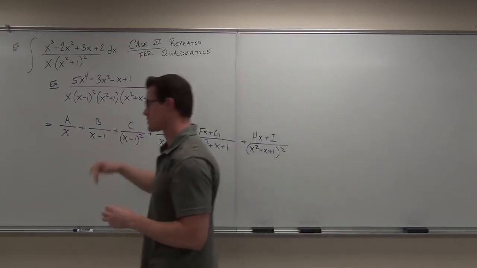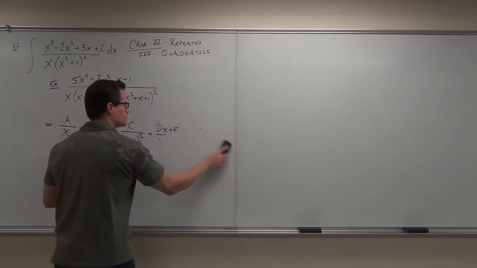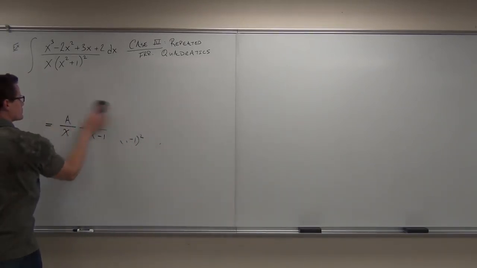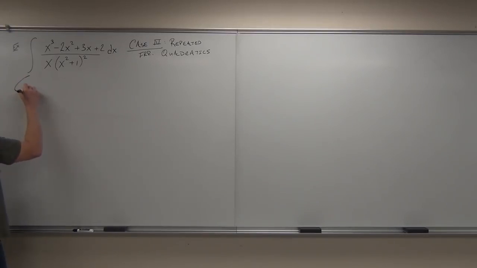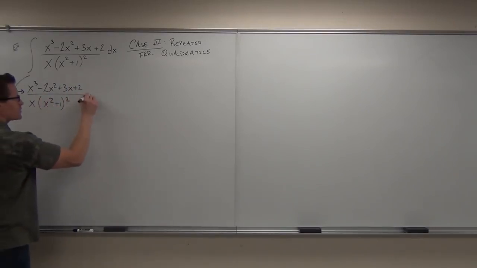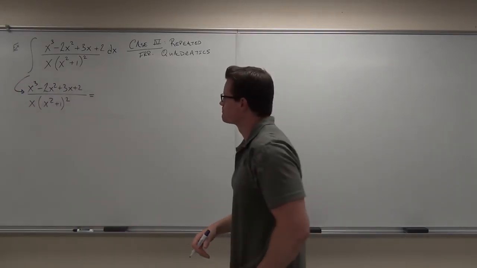Okay, the rest of this is going to take us a while, so I'm going to erase this because I need the room. But let's go back to this one. So if we're looking at this, then what we know is that (x cubed minus 2x squared plus 3x plus 2) over x times (x squared plus 1) squared can be decomposed into some partial fractions.